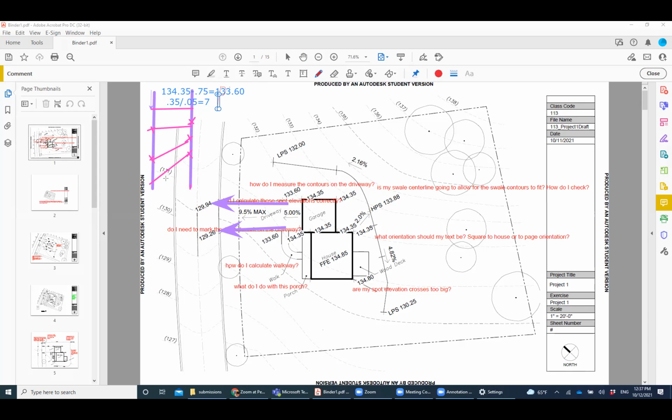Now, if you have 130, so the first one would be 130, and then 1, 2, 3, 4. Well, I'm still missing one line. But you get the idea that you would have 1, 2, 3, 4, 5 lines actually. Yes. Okay. So, if I draw it like this, you have 0, 1, 2, 3, 4.